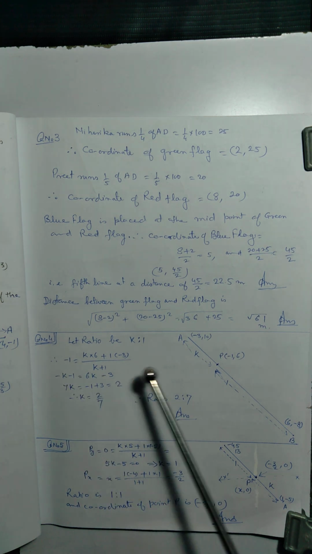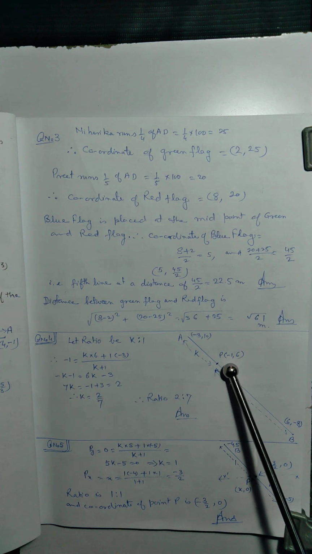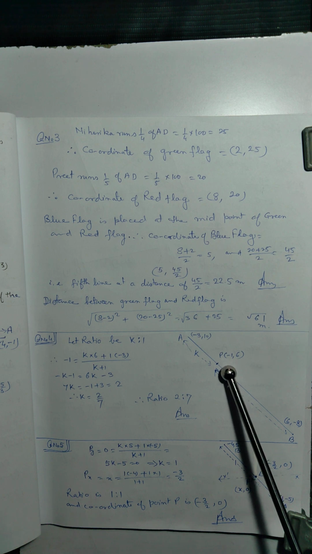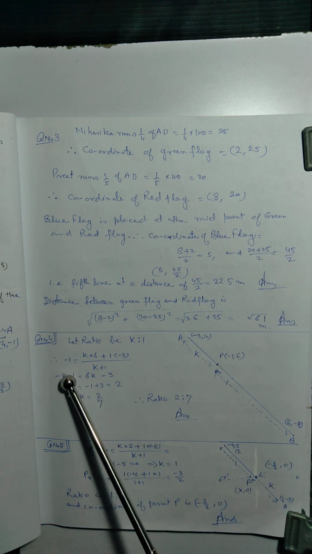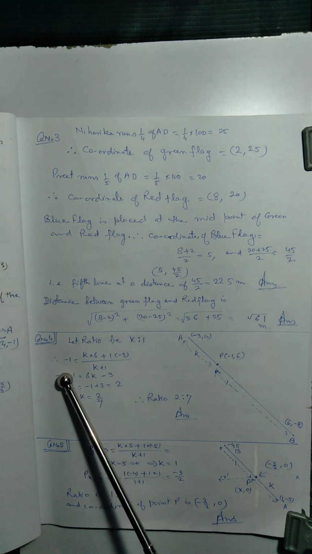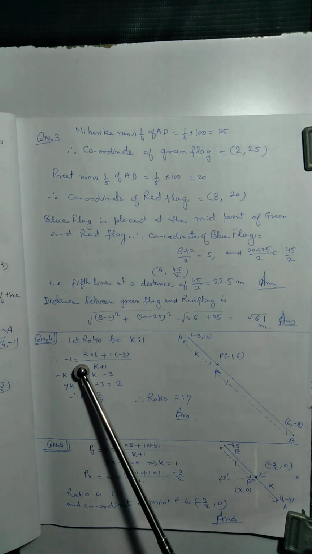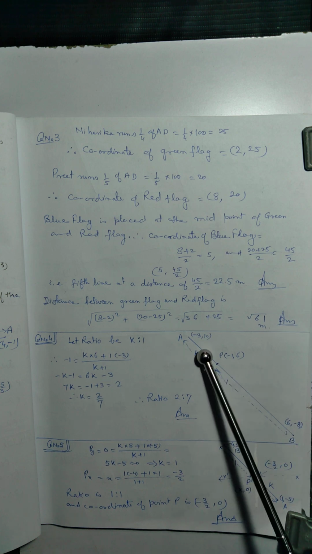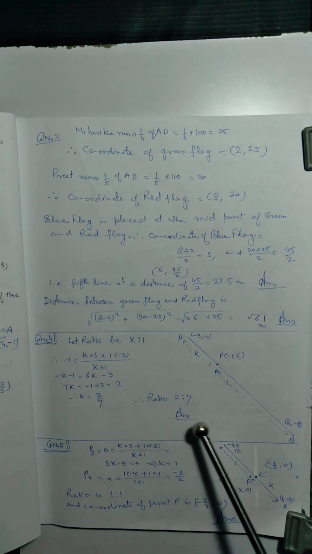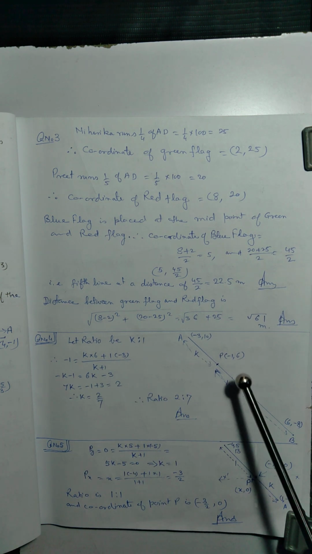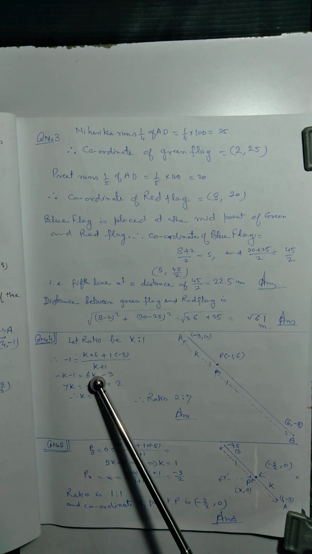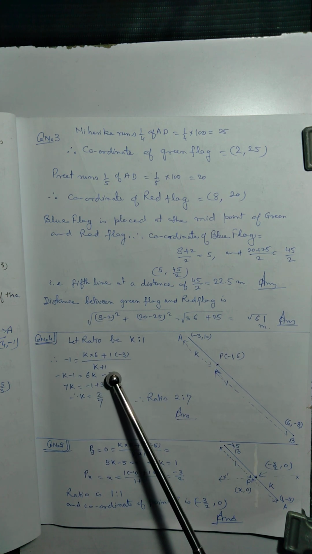So the abscissa of the point P, or you can say the x coordinate of point P, that is minus 1, will be placed here, equal to k into 6 plus 1 into minus 3, divided by k plus 1.